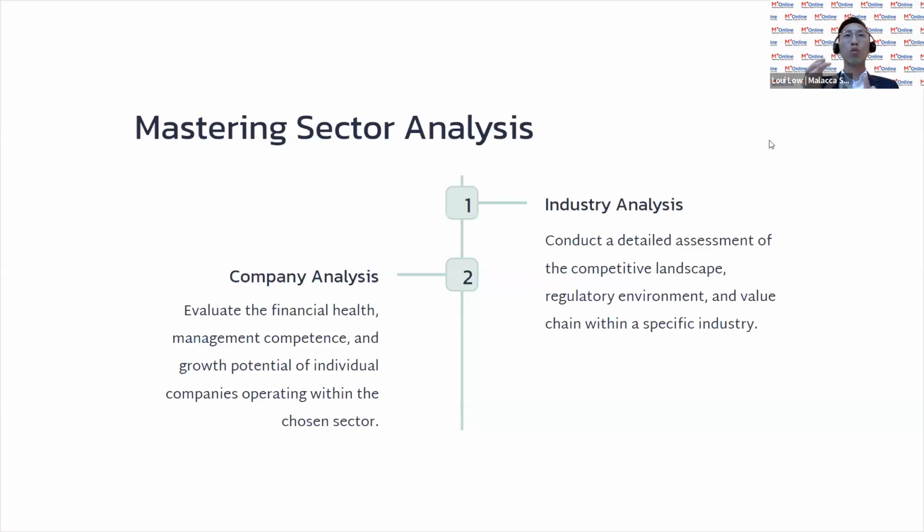But again, what I want to mention here is that when macro events happen, you have to drill down to which sector you want to go into, and which company you want to go into. I personally like companies that have high margins, high dividends, high net cash. These are the areas that I always look into.